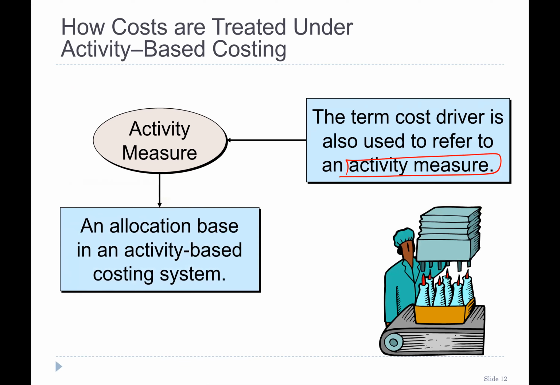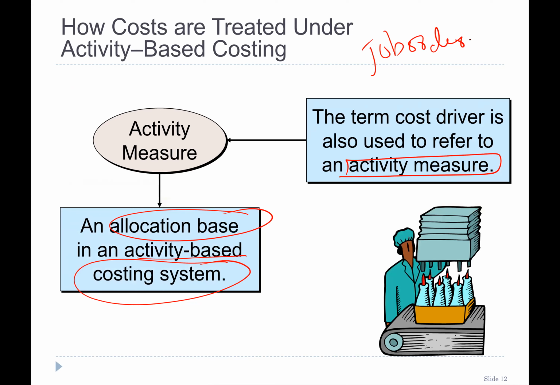So in traditional costing, when we were doing the predetermined overhead rate under job order costing, we talked about a cost driver or allocation base.